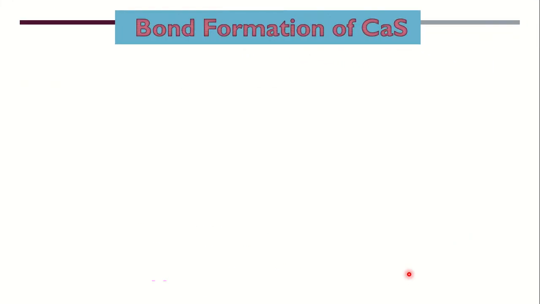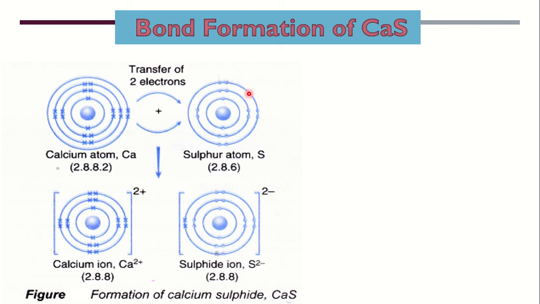Now bond formation of calcium sulfide, look here. Here also calcium has 2 electrons on its outer shell and sulfur has 6 electrons on its outer shell. So calcium releases 2 electrons and sulfur accepts those 2 electrons released by 1 calcium atom. So 1 calcium atom makes dipositively charged ion Ca2+ and 1 sulfur atom makes dinegatively charged ion S2-, and they make calcium sulfide.